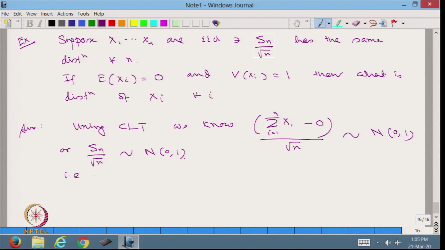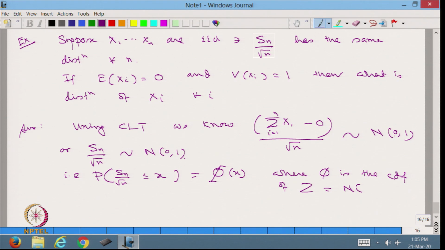That is, the probability Sn upon root n less than or equal to x is equal to phi of x, where phi is the CDF of Z, which is equal to normal 0 1.